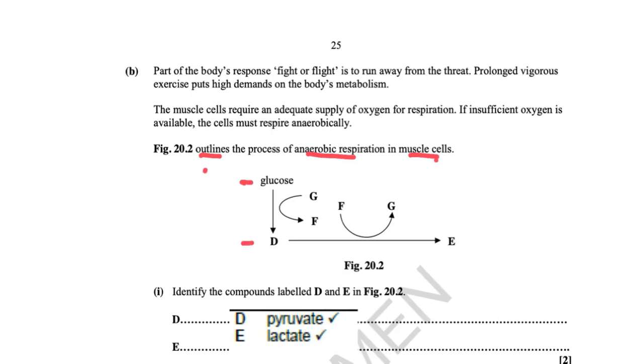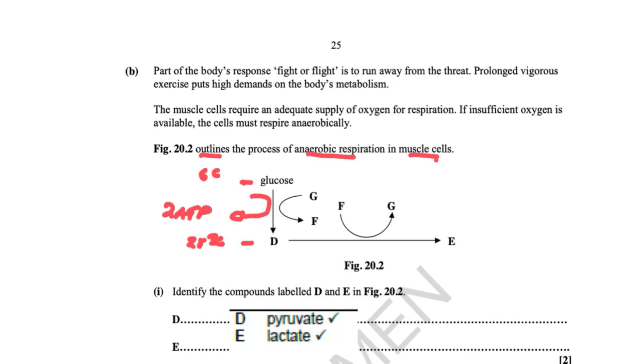The glucose is a 6-carbon compound. It's being split in the glycolytic step to produce 2 3-carbon pyruvates, and that causes the net production of 2 ATPs, which are used for muscle contraction in the muscles.